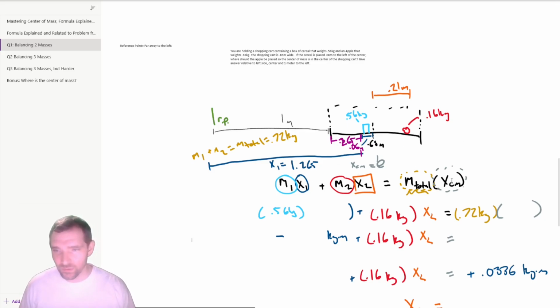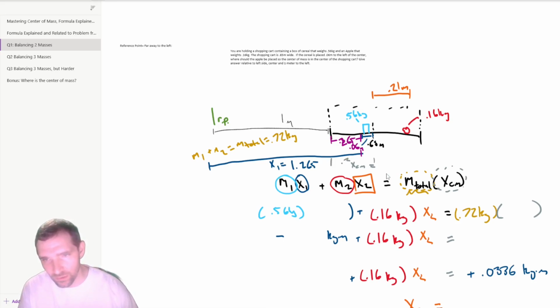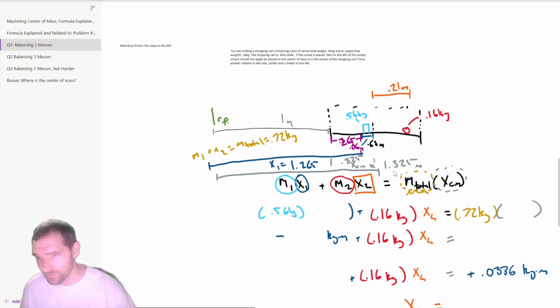We can do the same sort of idea with the center of mass. We had said previously that the distance from the side of the cart to there was 0.325 meters, but now we really are going from here to there, so that's 1 more meter. So 1.325 meters for that displacement.